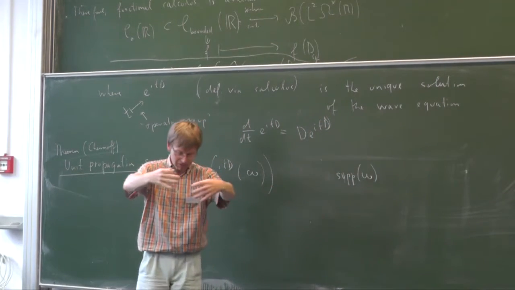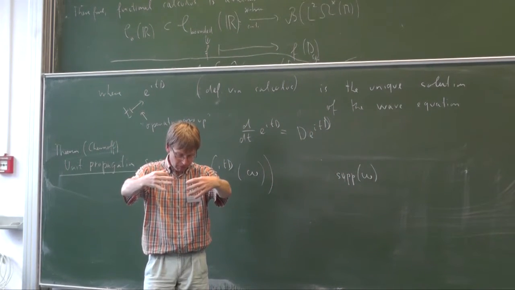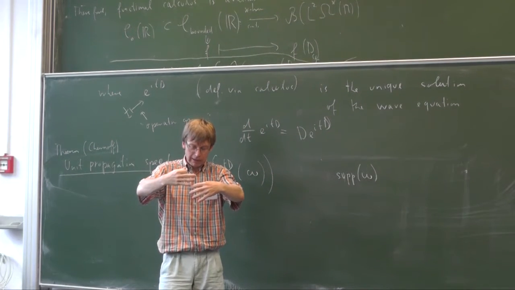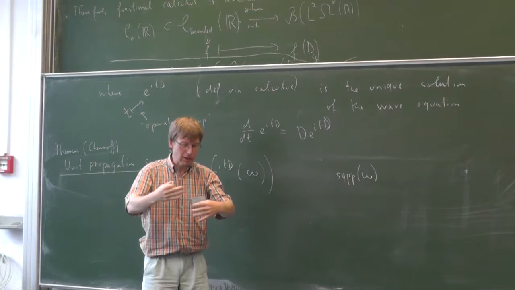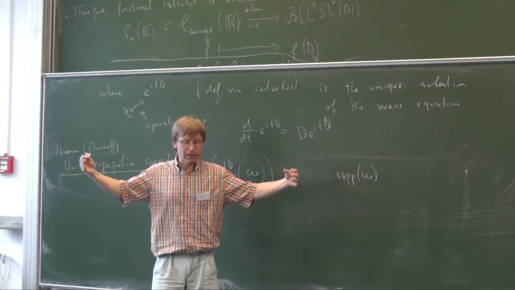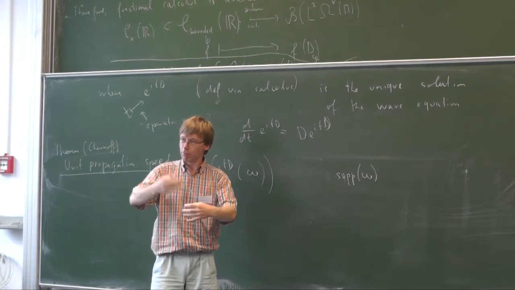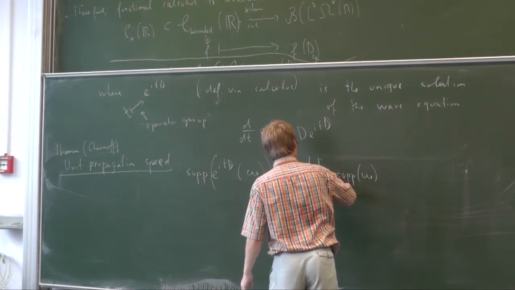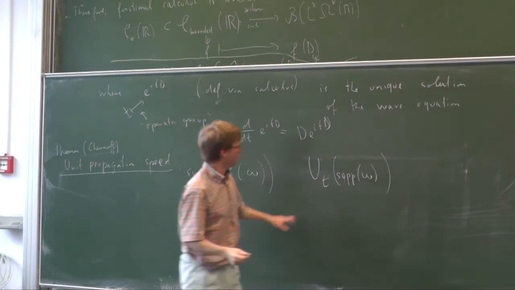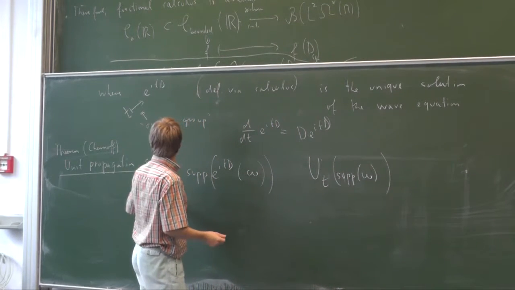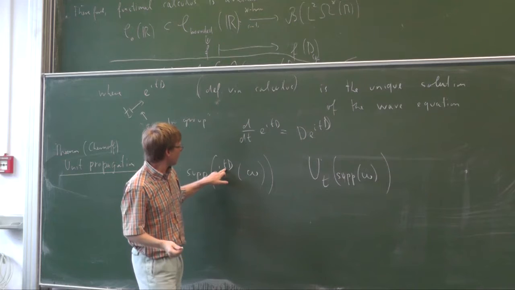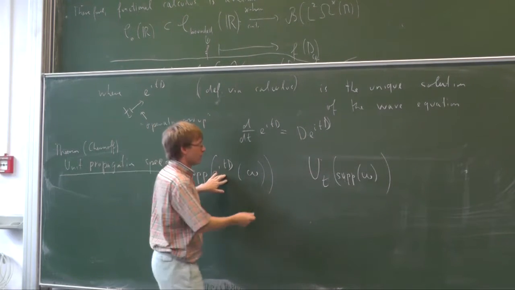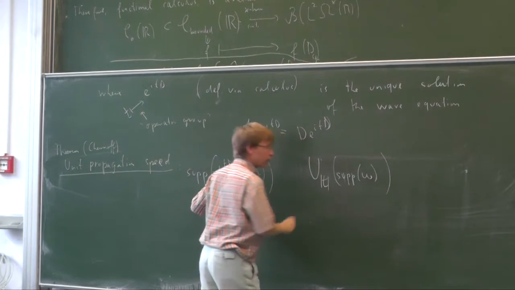Now that's a certain subset of our Riemannian manifold, where this function is non-zero, its closure. And in a Riemannian manifold, we can take r-neighborhoods of a set. Every point which is at most distance r from that, so we can also take the t-neighborhood of that set, call that U_t. And the unit propagation speed means that the e to the itD operator, the wave operator, spreads at most by t.